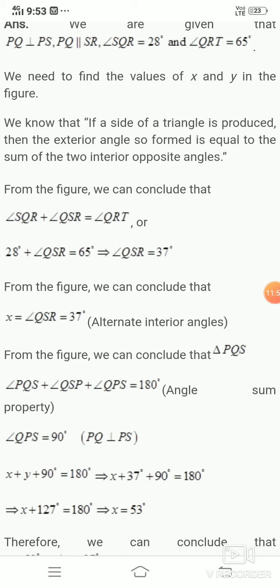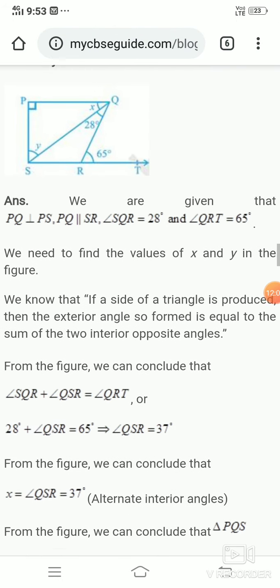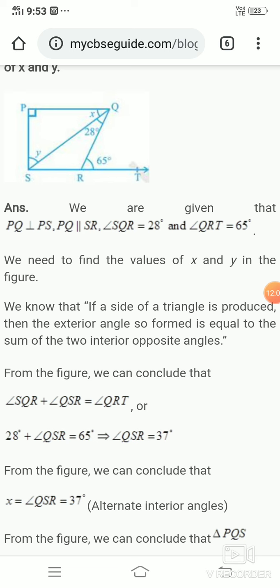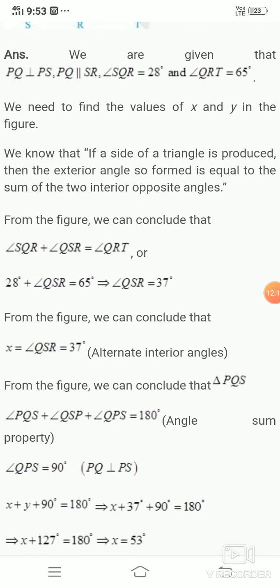So finally Y plus 127 equals 180, so Y equals 53 degrees. So here you used the idea exterior angle equals the sum of the two opposite interior angles. Next, alternate interior angles. Third one, angle sum property of the triangle PQS. Right.